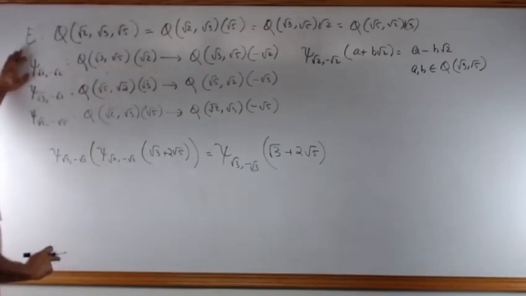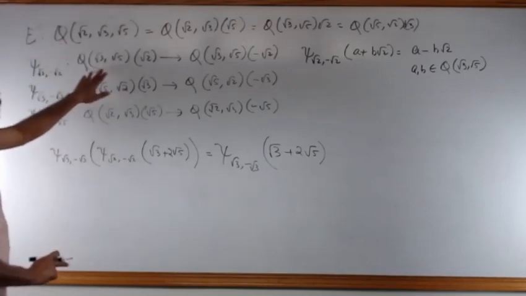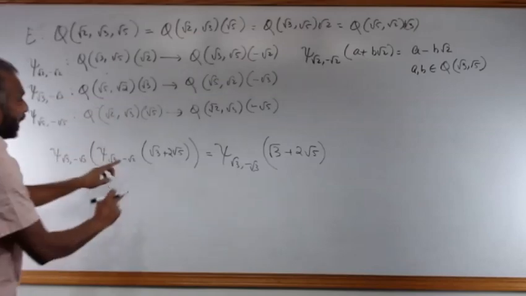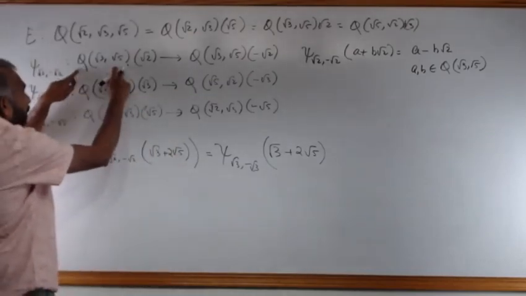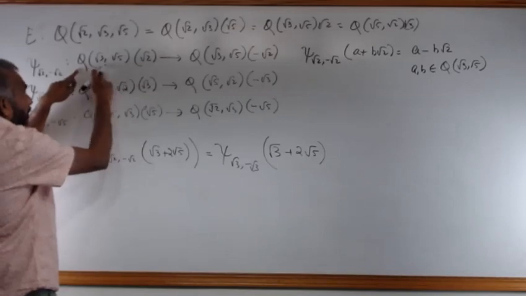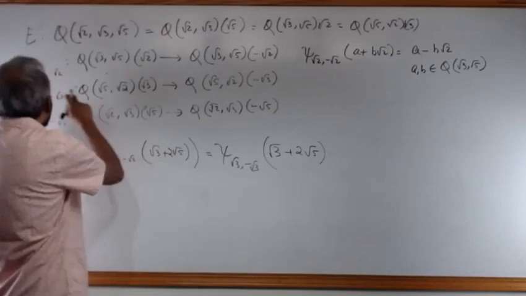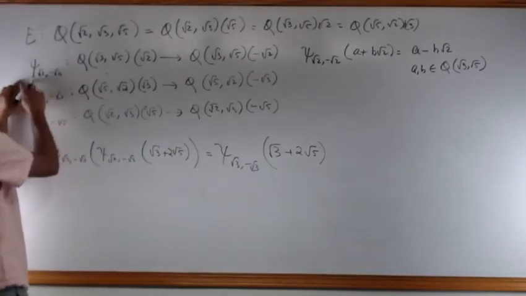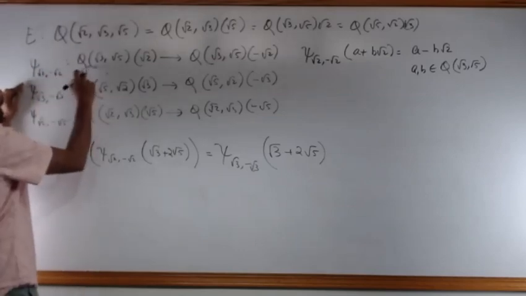The conjugate isomorphism will not change any element within this. And this element is completely here, a constant here. So applying Q of root 2 to minus root 2 is not going to change any element from here.